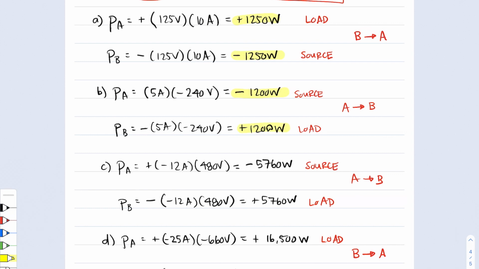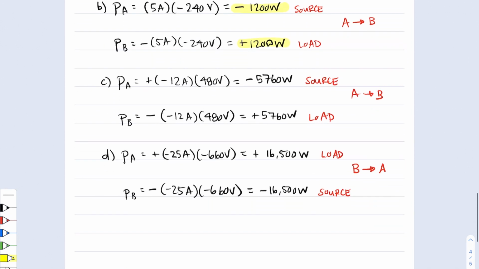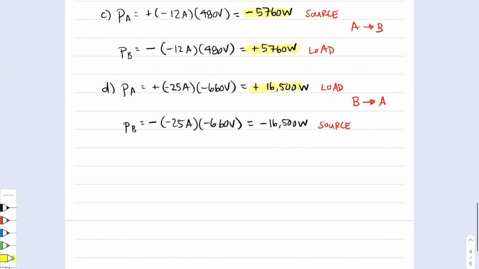If you add this power and that power, you end up with 0. If you add this and this together, you end up with 0. This is an extremely important feature of every single power calculation that you end up doing. It is that the total amount of power must be conserved. There's a power check.